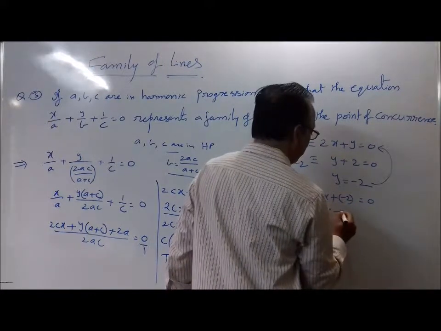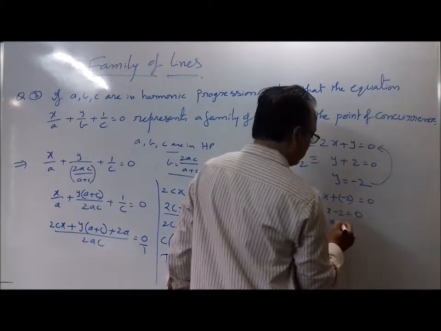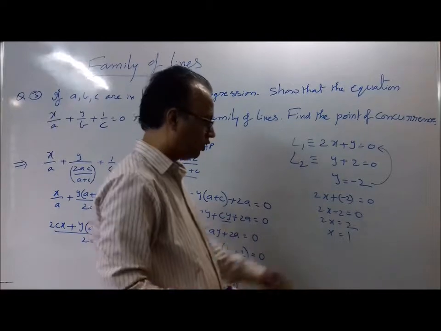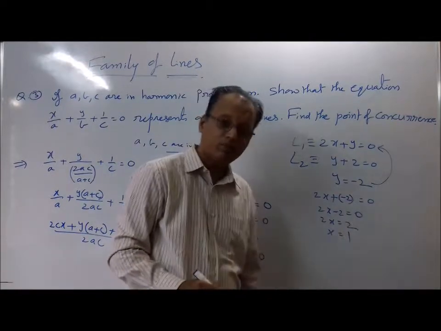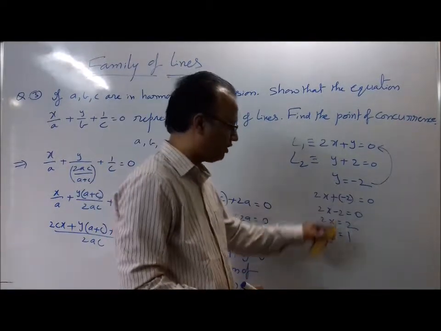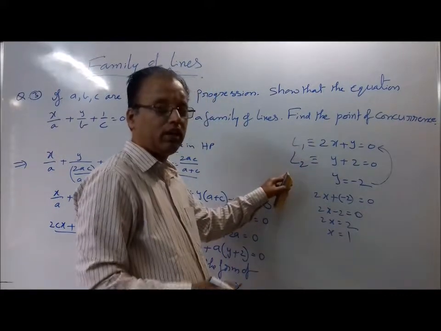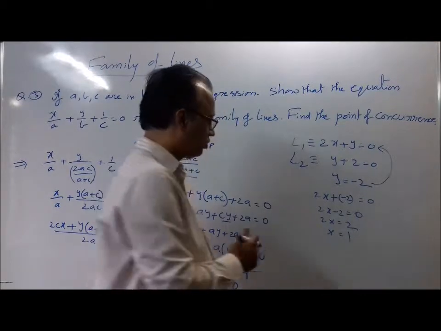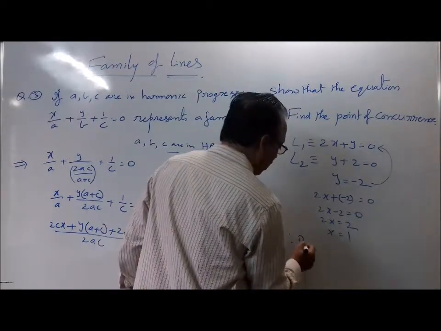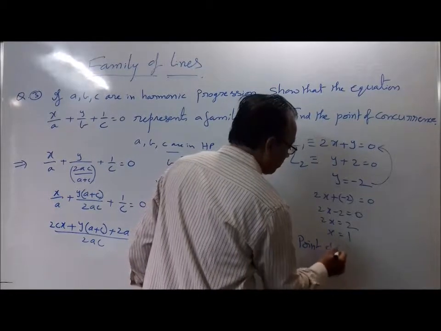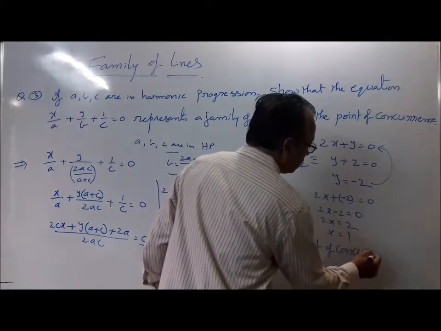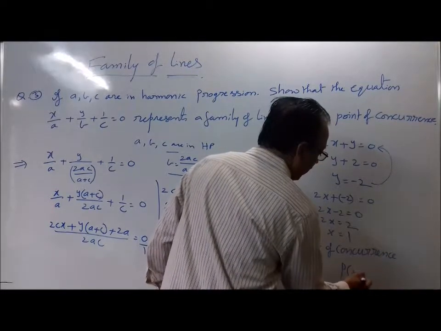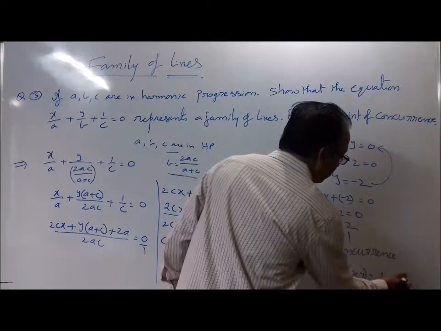So 2x minus 2 equal to 0, 2x is equal to 2, x is equal to 1. So x is 1, y is minus 2. That is the point of intersection of these two lines. Otherwise, for the family of lines, the point of concurrence. Therefore, the point of concurrence is P(x, y) equal to (1, minus 2).